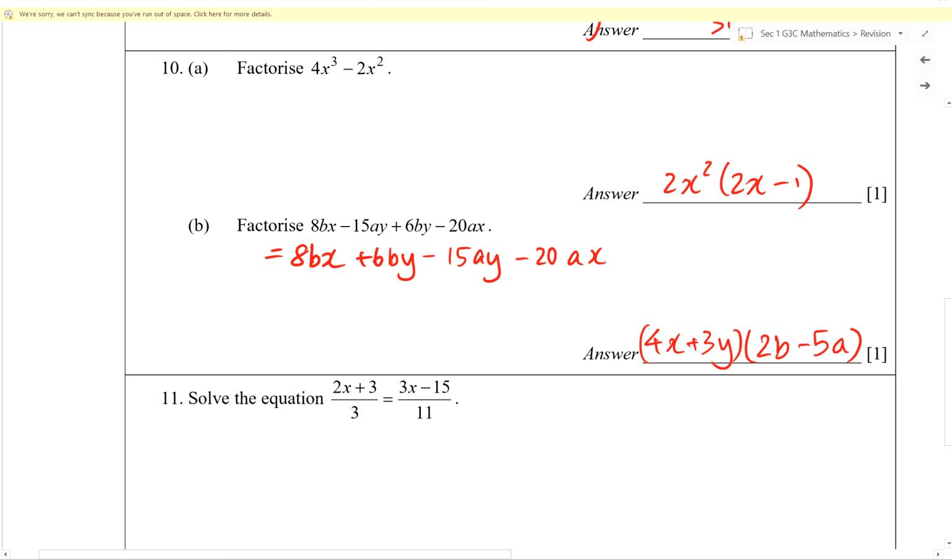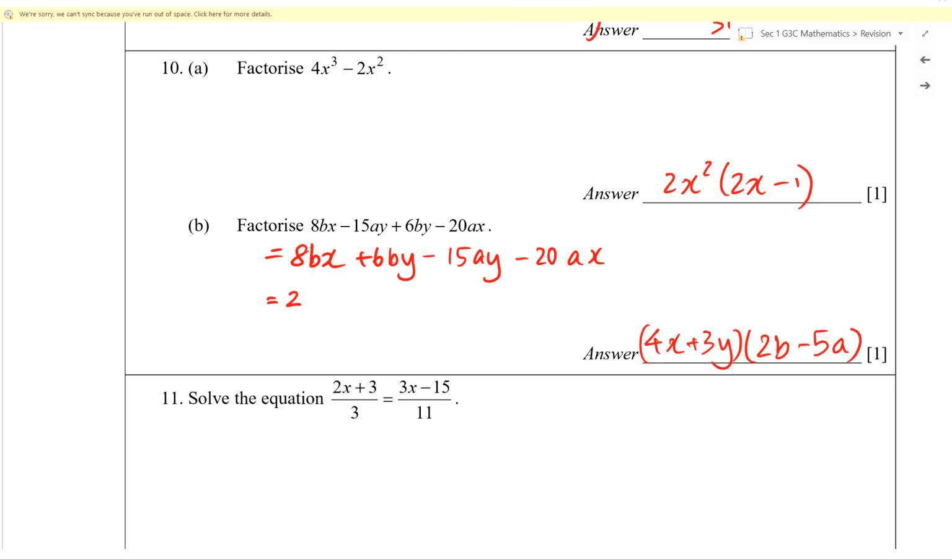Okay, so now our first two, we pair them up, we write down whatever is common for both of them. So let's start with the numbers 8 and 6. What is the common factor? 2. Then I've got bx and by. What is another common factor? Arisha? Do you say a?